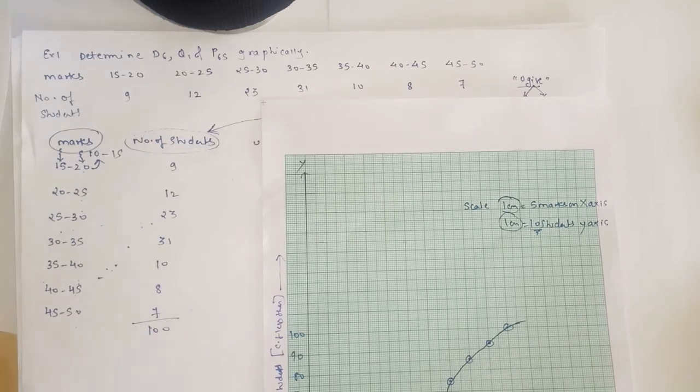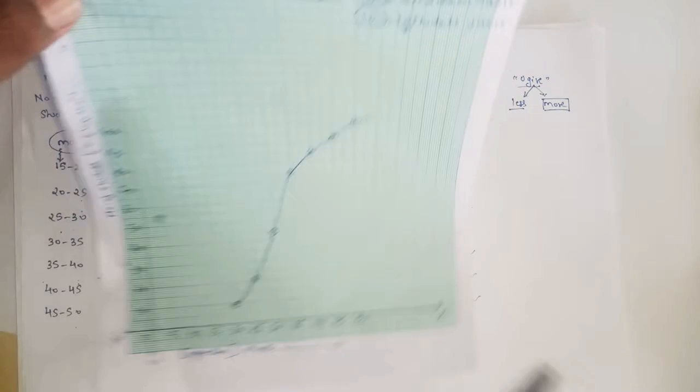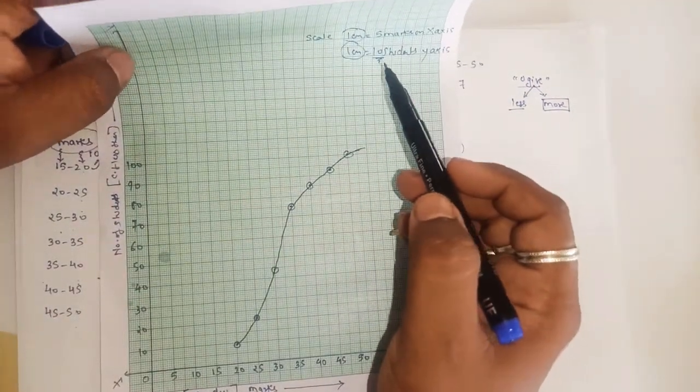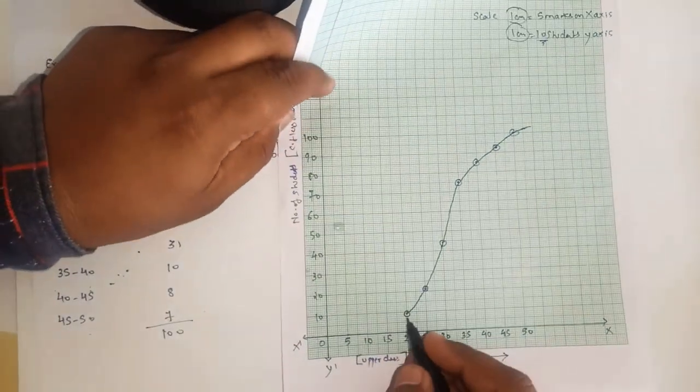Okay, but when you see all the sums from the exercise, you will see the classes are continuous only. Okay, now this is what we have to do. First step, the table, then after that the graph, take the proper scale, then after that plot. And now this should come down, yes or no?